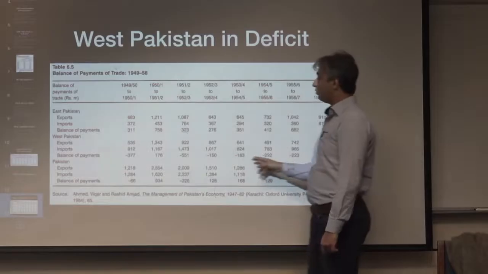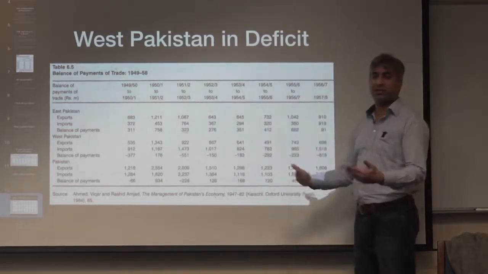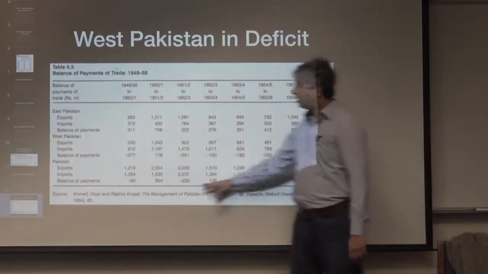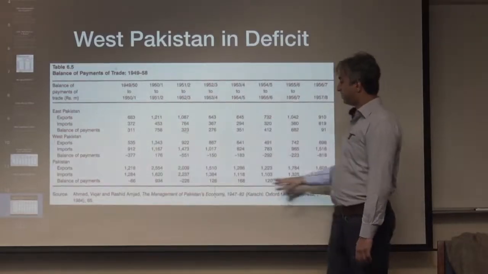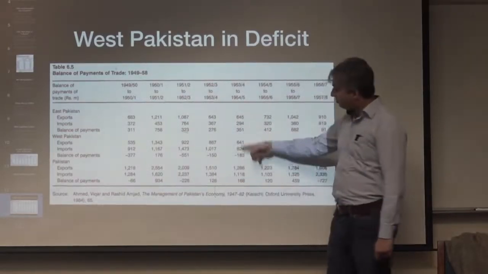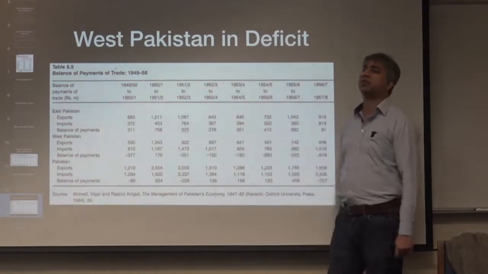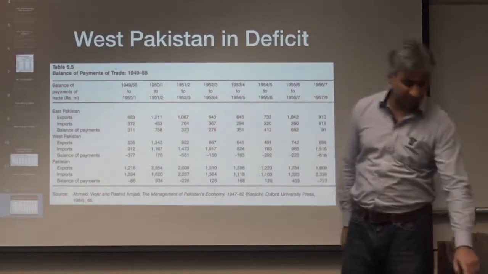And essentially a lot of what it's buying is machines and industrial equipment, etc. Whereas the overall balance of payments sometimes is in deficit, sometimes in surplus, essentially wherever it is in surplus, it is because of the exports produced by East Pakistan.